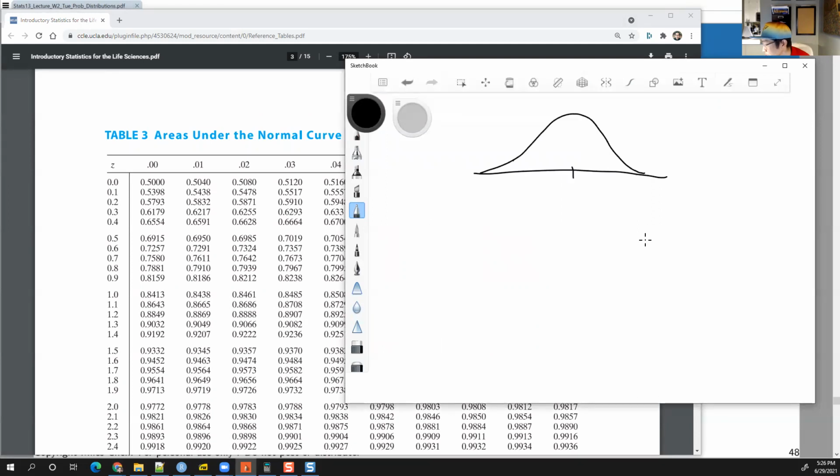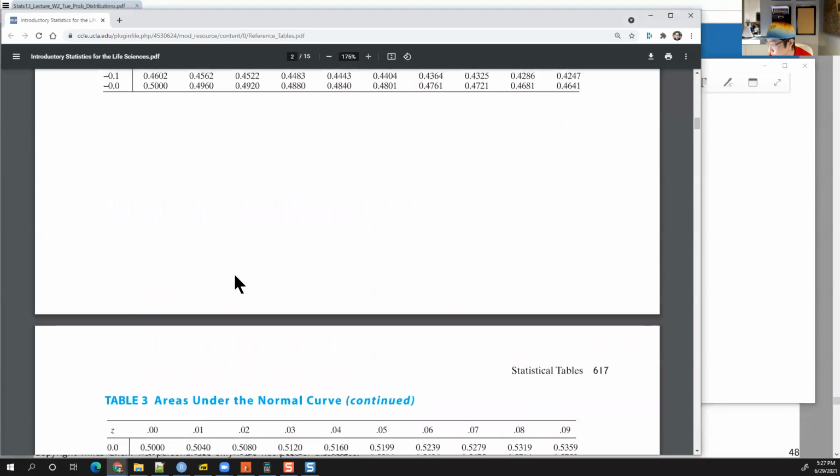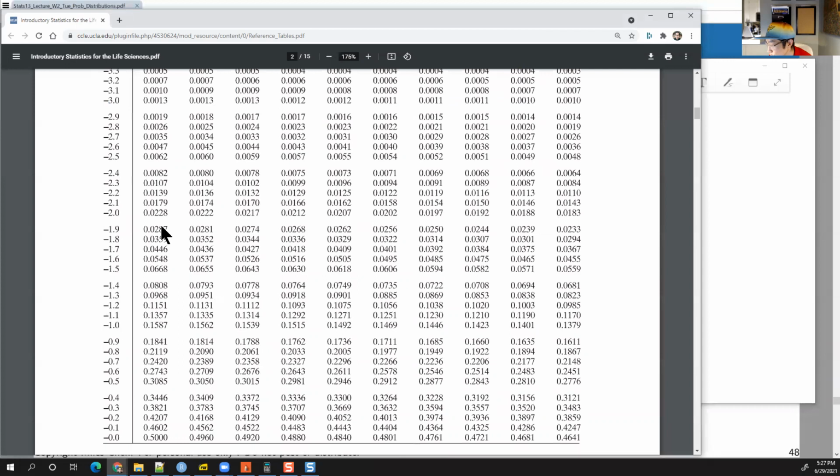This area here is 0.03. What is the z that does this? Then we want to convert that to the x. So I'm going to go to the table and look for an area of 0.03.